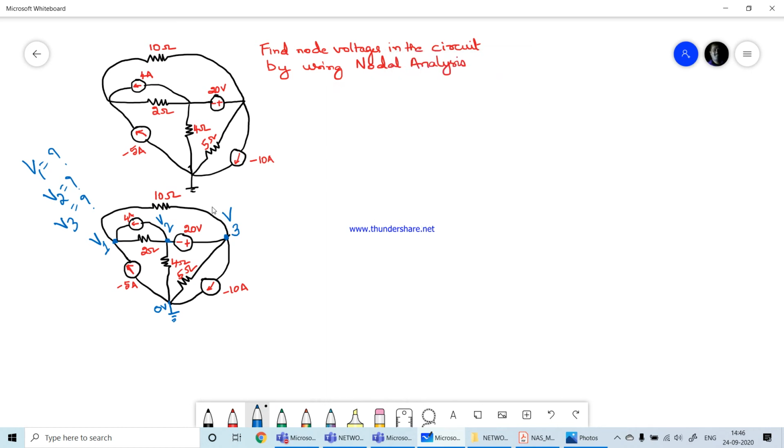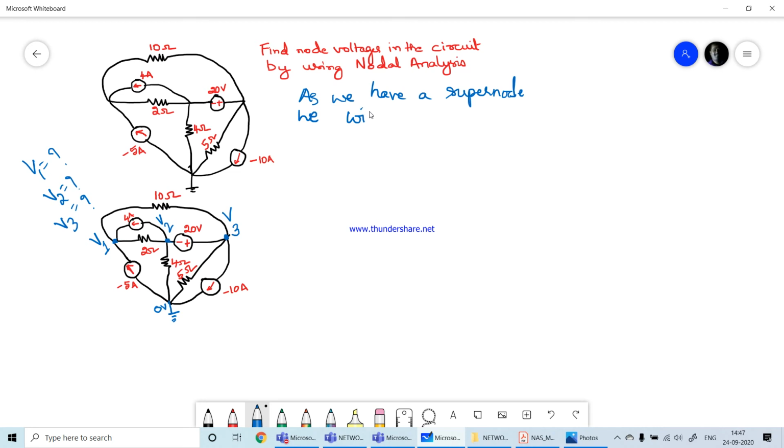Okay, so now we got the specification here, which means we got the solution where we found the super node. Our first job here is what? As we have a super node in this problem, we will write the equation for that super node first.